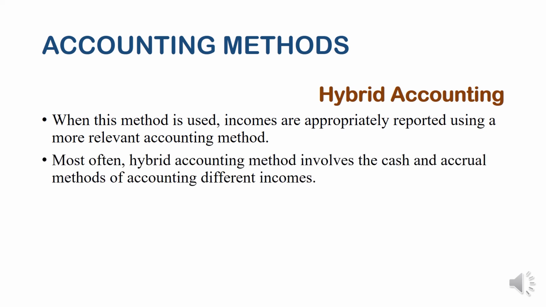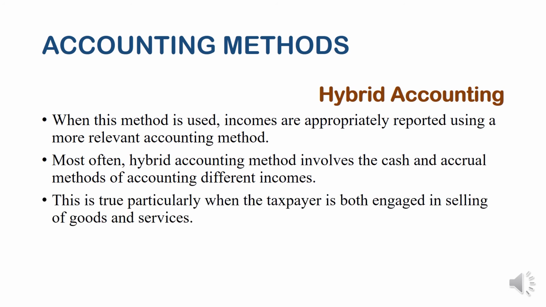Most often, the hybrid accounting method involves the cash and accrual basis of accounting on different incomes. This is true particularly when the taxpayers engage in both selling of goods and service. There are also instances when installment reporting is coupled with the accrual basis of accounting.